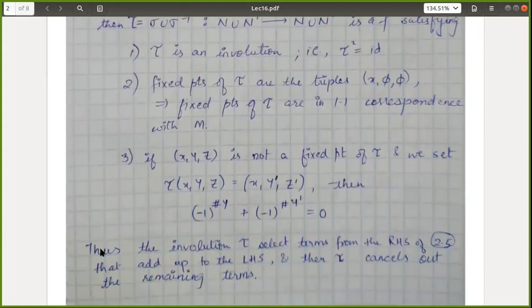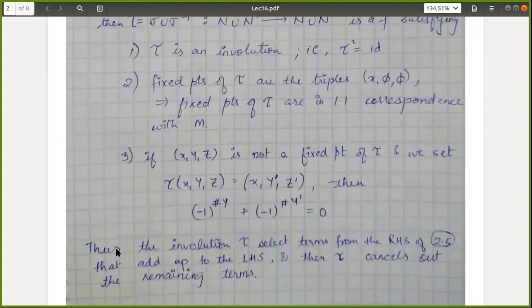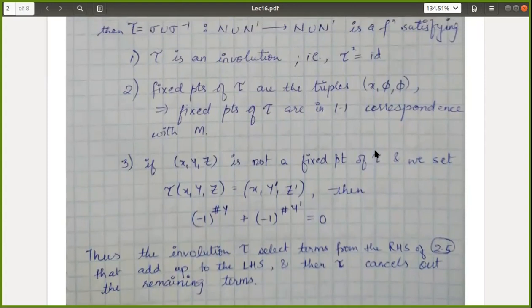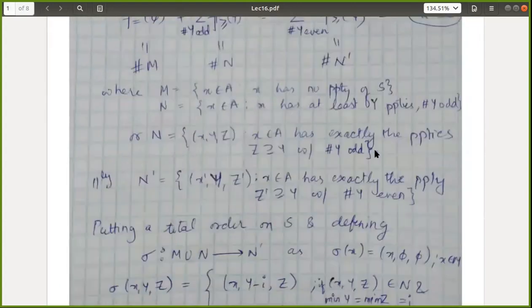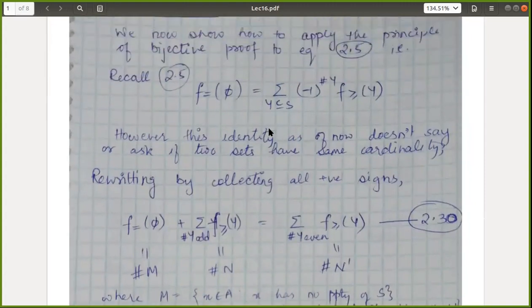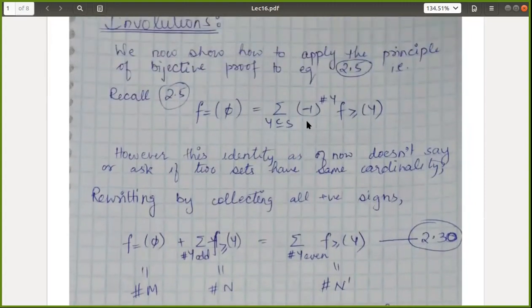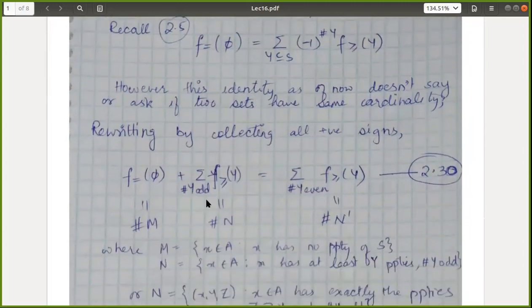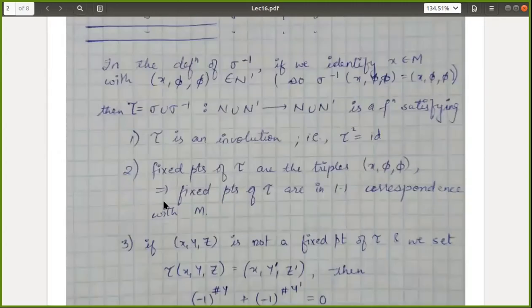Thus, what involution really does is that it selects terms from the right-hand side of this equation. From here, it takes the terms, add them here, and then the irrelevant terms get cancelled out, and what you're left with is the answer.